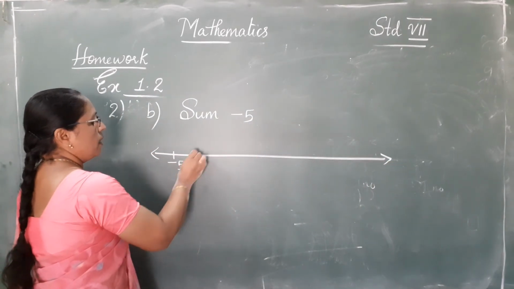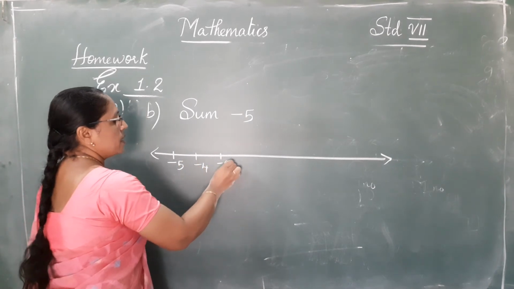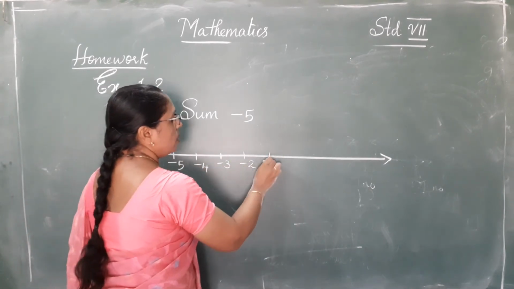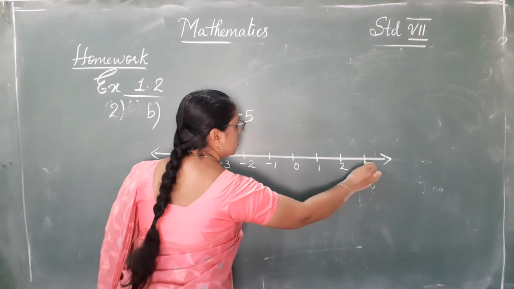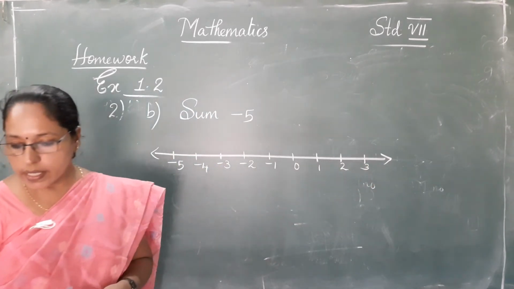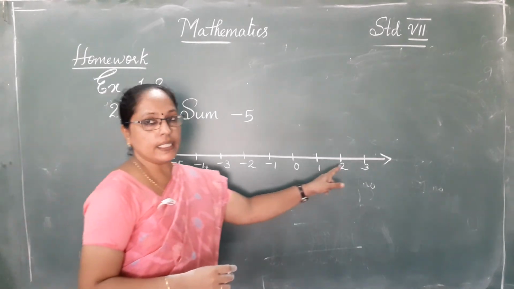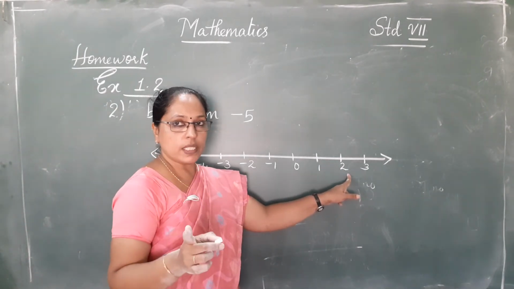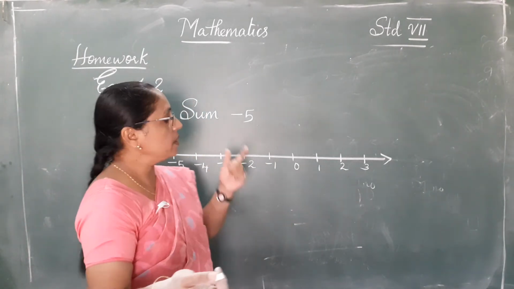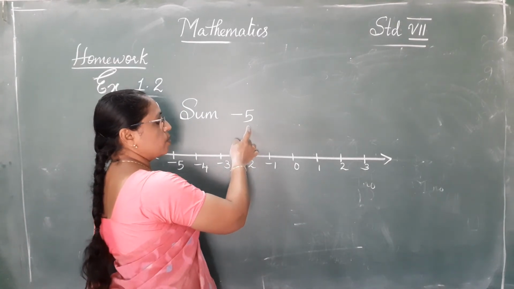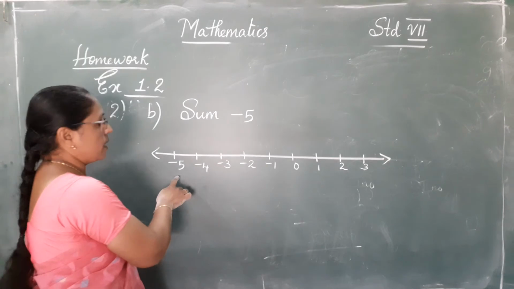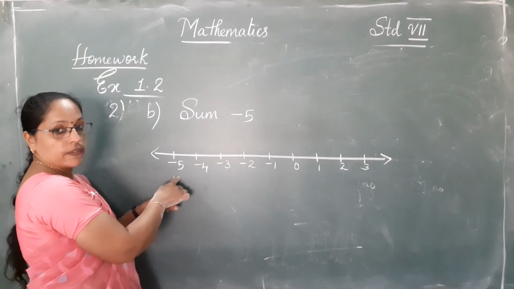Negative 4, negative 3, negative 2, negative 1, 0, 1, 2, 3. So in sum we select a number that should be positive, and the other number that you reach should be negative, and we have to see how many steps you have to move to reach the answer. Your answer is negative 5.